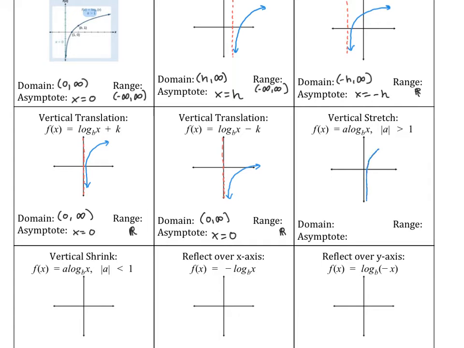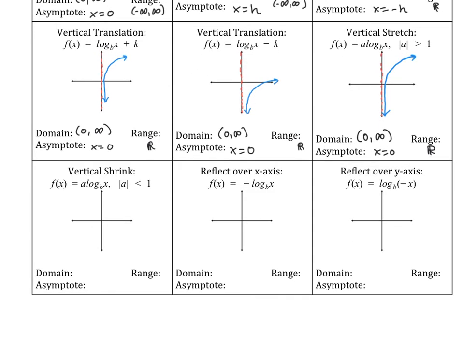So it might look something like this. Again, it's kind of hard to tell just by looking at the graph, but essentially all of our y values have been doubled. Since we are not shifting left or right, our asymptote remains the same at x equals 0, our domain remains the same, and so does our range.